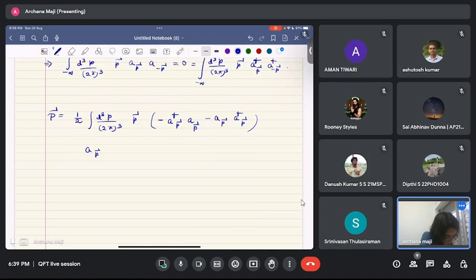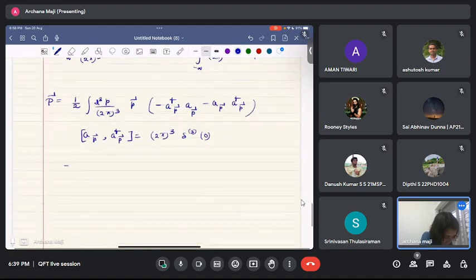So the a p, a dagger p commutator is nothing but 2 pi cube delta 3 of p minus p, delta 3 at 0.